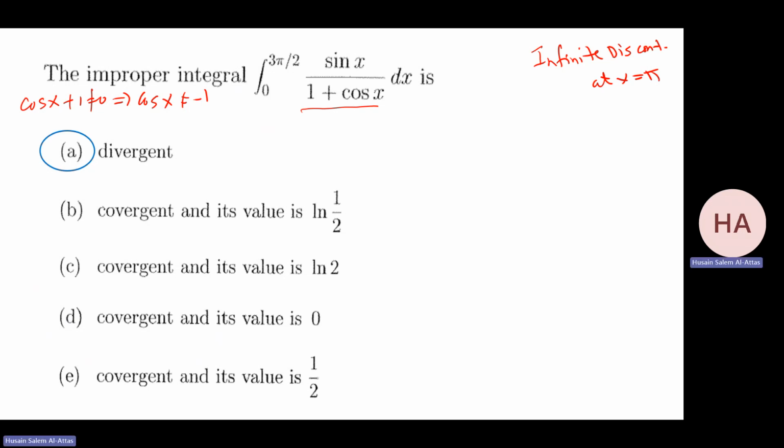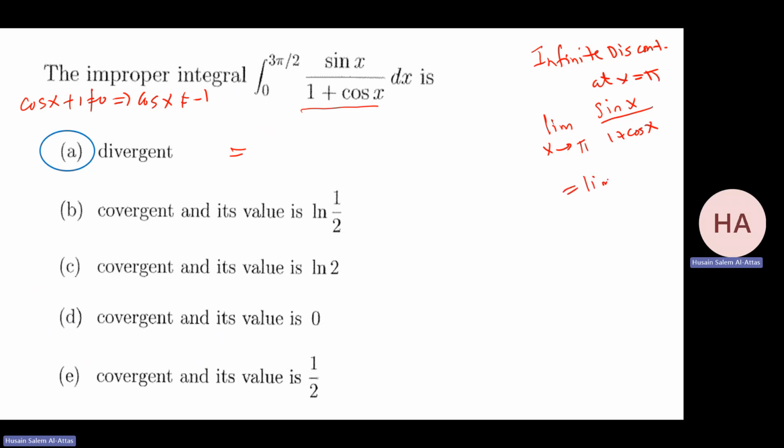You can check it's an infinite discontinuity by using the limit, but that's okay. So you need to check the limit as x goes to pi from the right of sine x over 1 plus cosine x. If you apply it, you have 0 over 0.